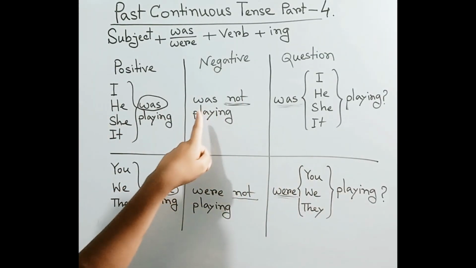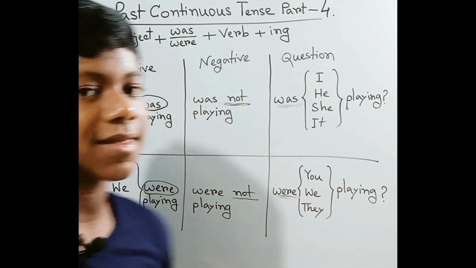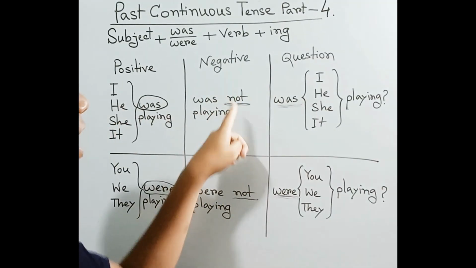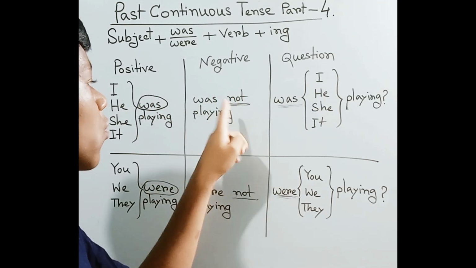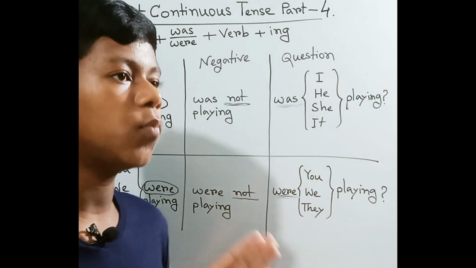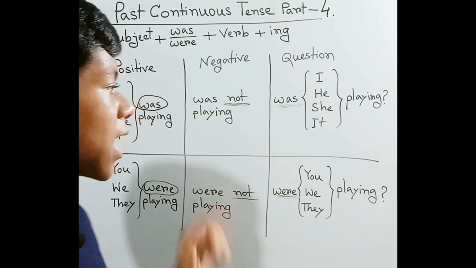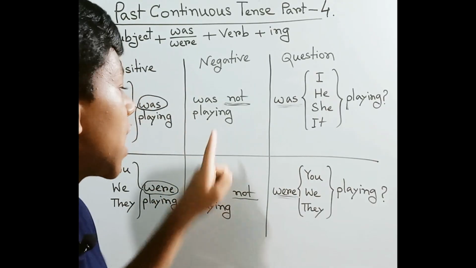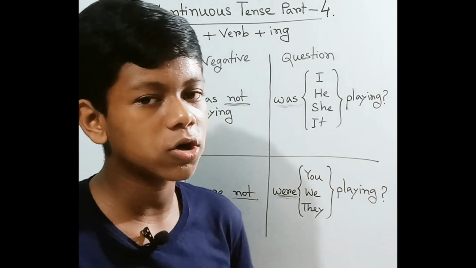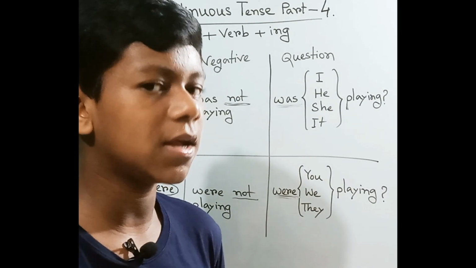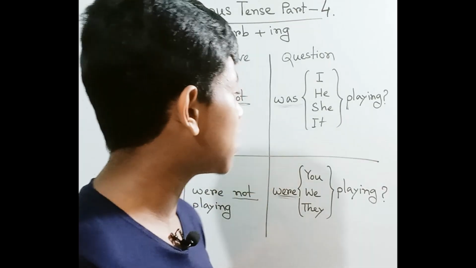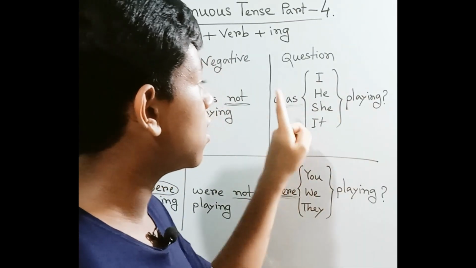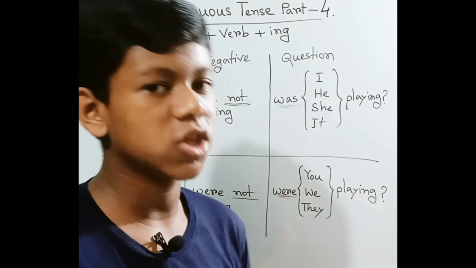Same as the negative sentence: after "was" or "were" I put "not", then the verb, and then added ing. Was I not playing? Was he not playing? Was she not playing?